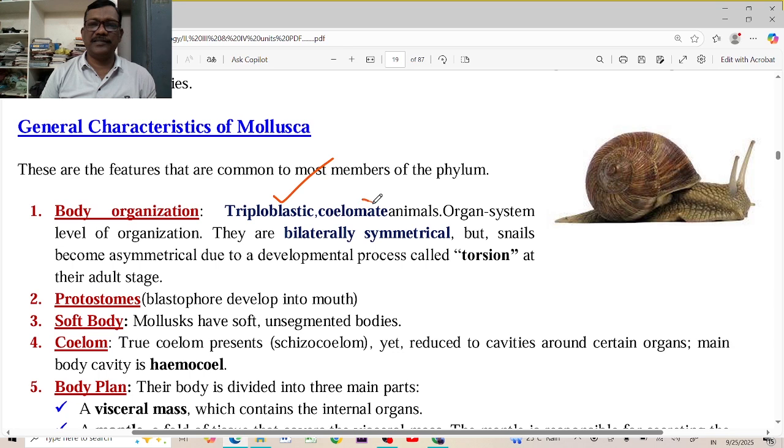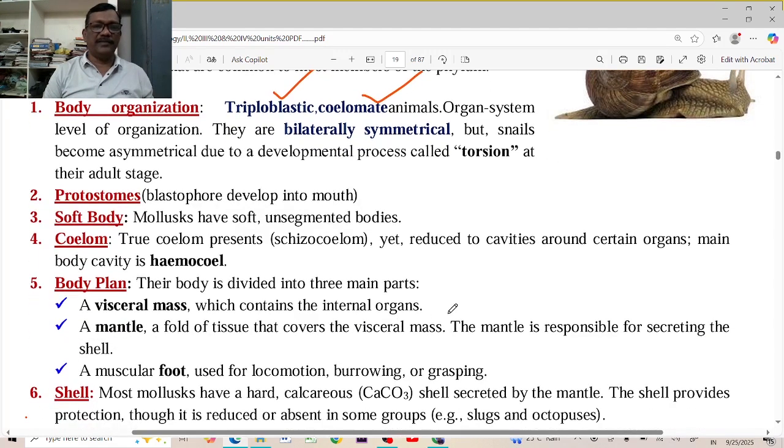Annelida, Arthropoda, and Mollusca are coelomates, schizocoelomates or true coelomates. By splitting of the mesoderm, the schizocoelom is formed in this organism. In this coelom, the coelomic fluid is present, and all the organs are located in it. In the body plan, the visceral mass means all the internal organs of the molluscans are located in the coelom.